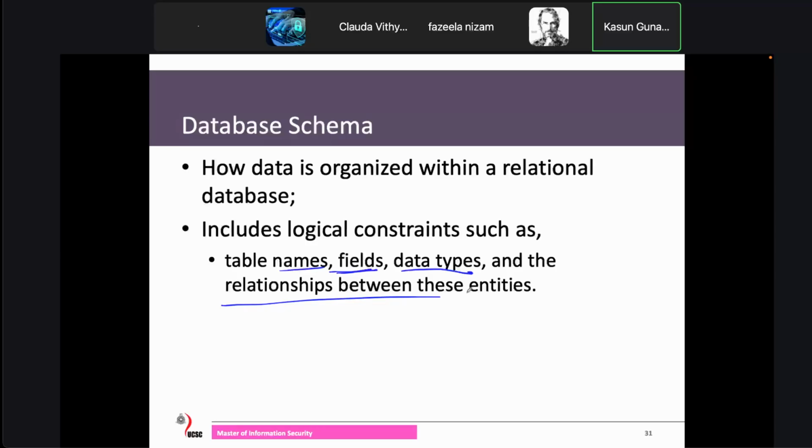It contains all the properties that the schema describes, so the database instance will adhere to all the properties that the schema defines, such as how data may relate to other tables, and the data types and fields. The database instance is the sample of the database at a single point.